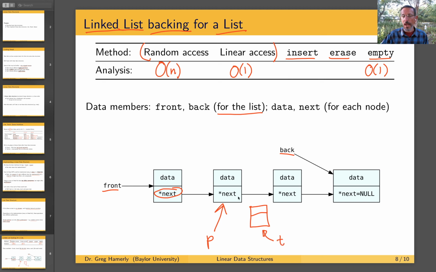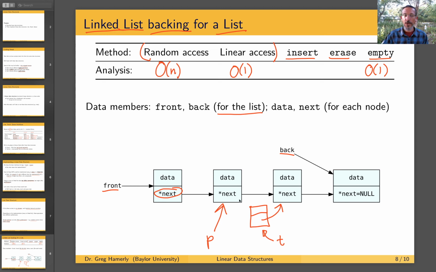And then I'm going to make the next pointer of this temporary node point to P's next. Okay. So I've done 2 steps there. I've allocated the node and I've made T's next point to P's next.